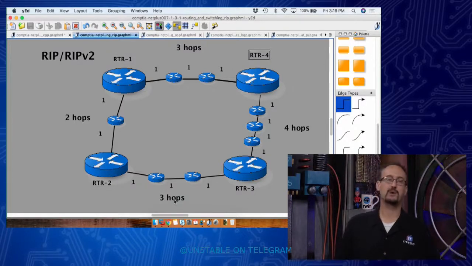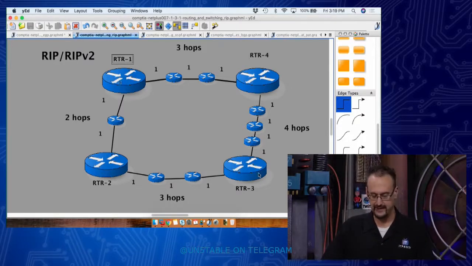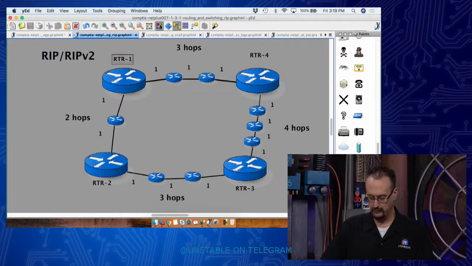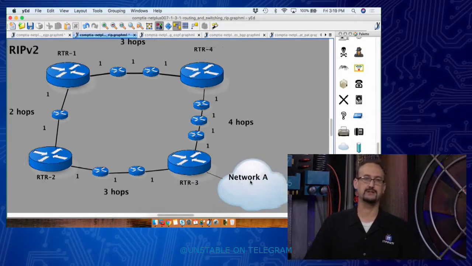If we're using a distance vector protocol and router 1 needs to send information, let's put a little cloud out here, and we'll say this is the network that we need to deliver traffic to. We'll say network A. Router 1 has to figure out how to get that information. Router 3 just happens to be connected to that network.